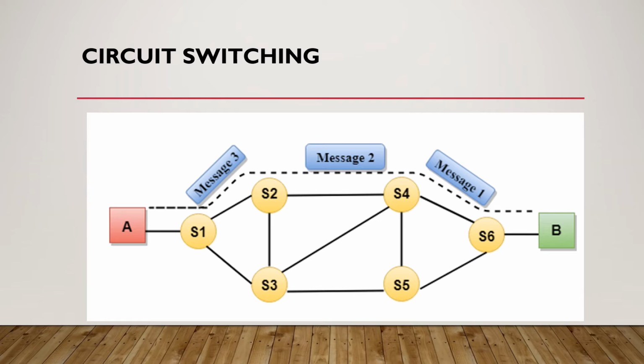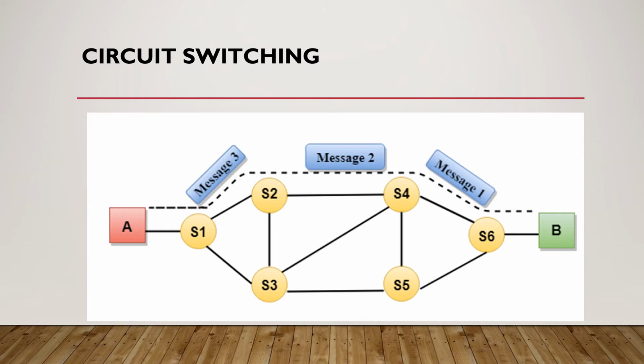There are multiple switches present between both, like S1, S2, S3, S4, S5, S6. Also, multiple paths are possible. So for communication purposes, A establishes a particular connection with device B, using switches S1, S2, S4, S6.